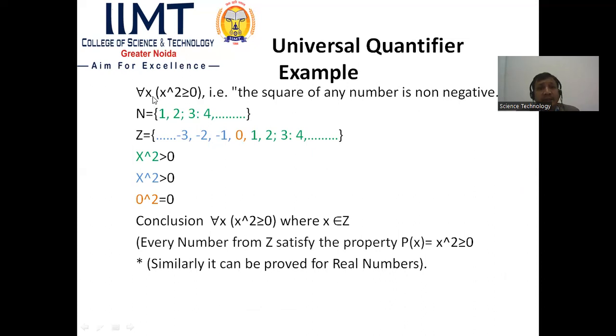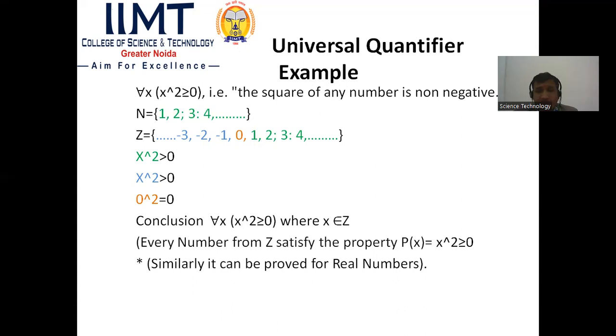See, we are saying for all x, x square is greater than or equal to 0. That means the square of a number is non-negative. Numbers can be considered as natural numbers or integers or real numbers. I am taking an example of integers here.